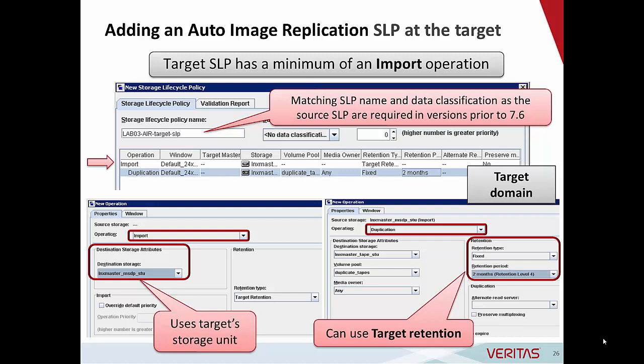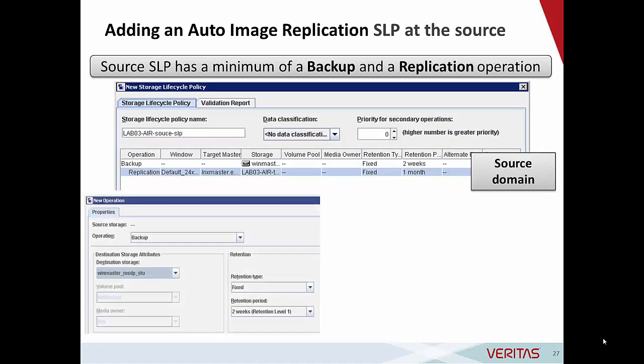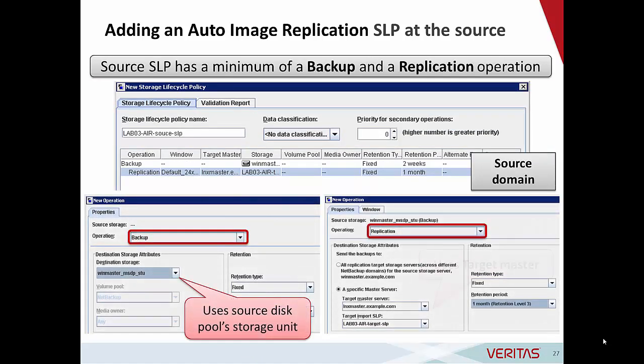The source domain is counting on the target domain to keep this data for a certain period of time to be in compliance. Next, I create a storage lifecycle policy in the source domain. And again, I'll typically give this an identical name to the lifecycle I created in the target domain unless I'm using targeted AIR. And a minimum of 2 operations here.